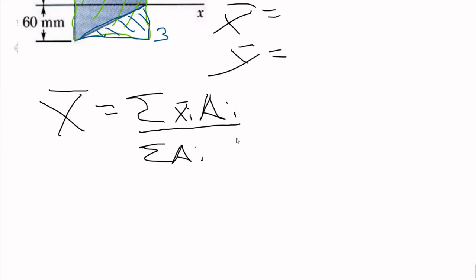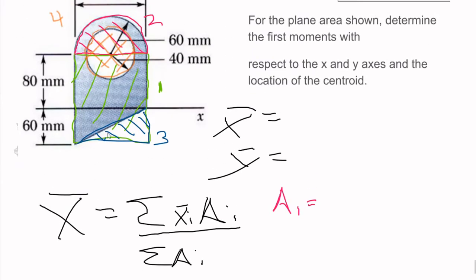So let's go ahead and do that. Our A1 is going to be, we have 60 millimeters and we have 80 millimeters here to here. So those two things we can add together to get the height.